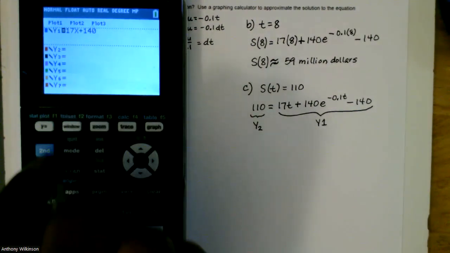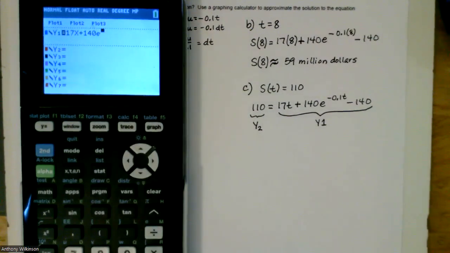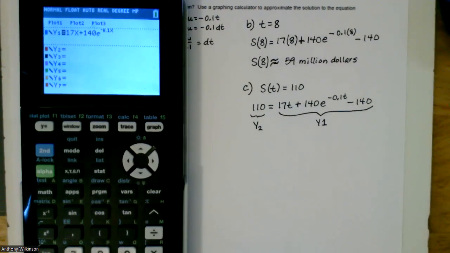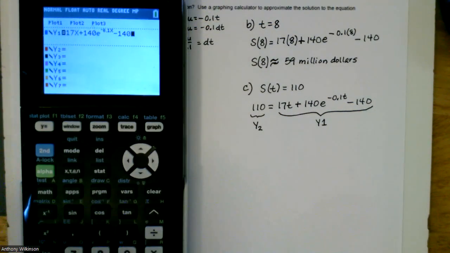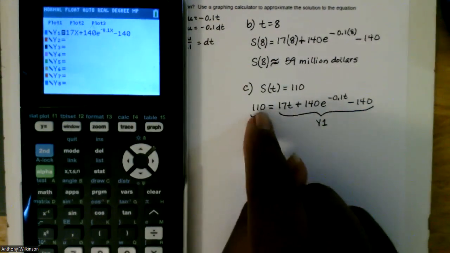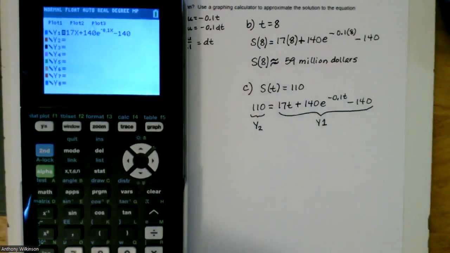Then for the e would be second ln for the e, negative 0.1. Press your xt theta n for the x. Use your right arrow key to get out of the exponential part, then minus 140. That goes in y1. Now I'm going to use my down arrow key to go to y2, and then I'm going to enter in y2, 110.